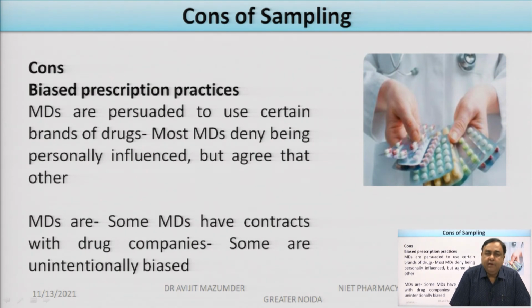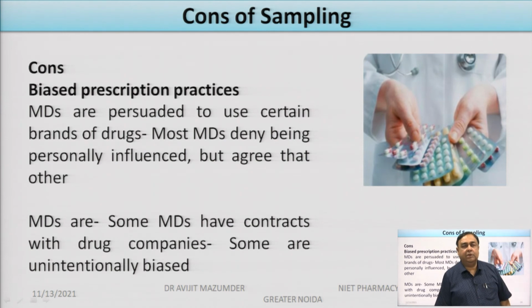I am not denying the fact that with sampling, whenever a doctor gets a free sample, he comes to know about the product, absolutely no harm in it. But there are various other methods which the pharma houses adopt to lure, to alter the decision making of the physician.